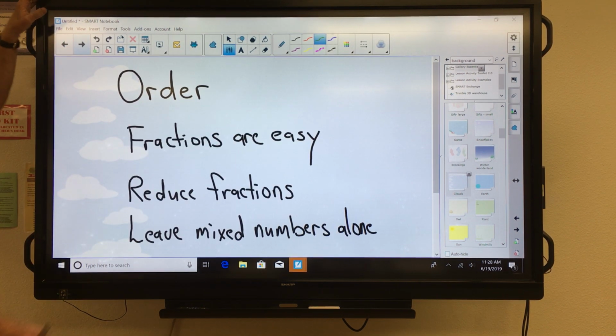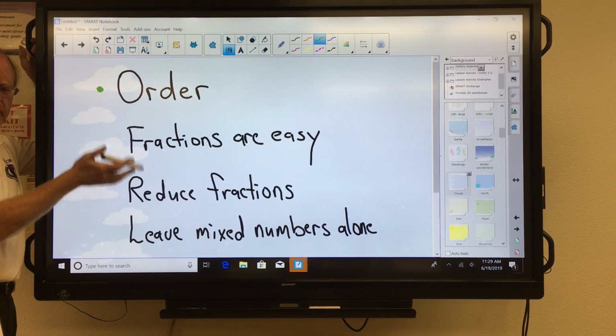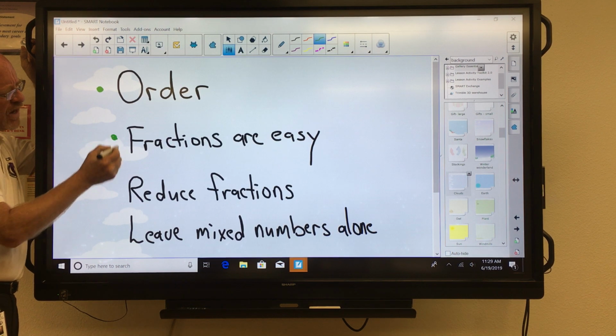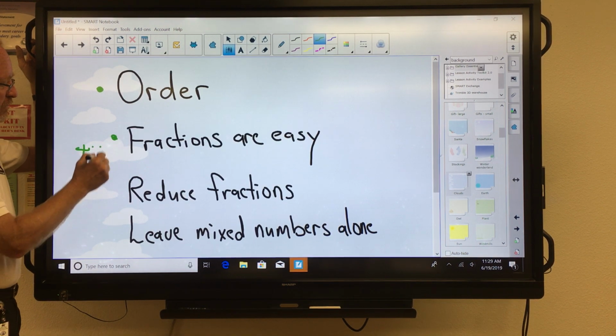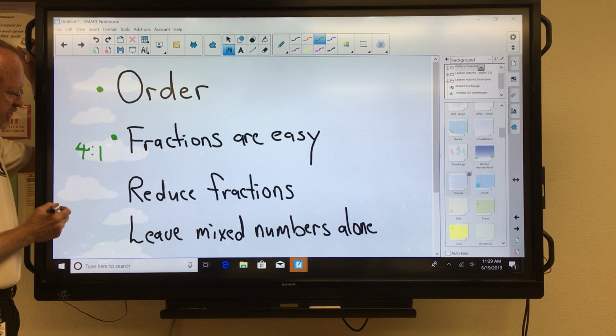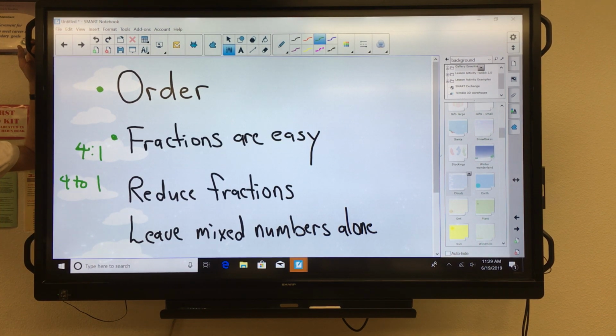So a couple things to remember. Order is important. And this is from the book, the little section they give you. They say fractions are easy, but to me it seems like writing 4 colon 1, that's not hard. It seems to me that 4 to 1, that's not hard either. If you have fractions, reduce them.